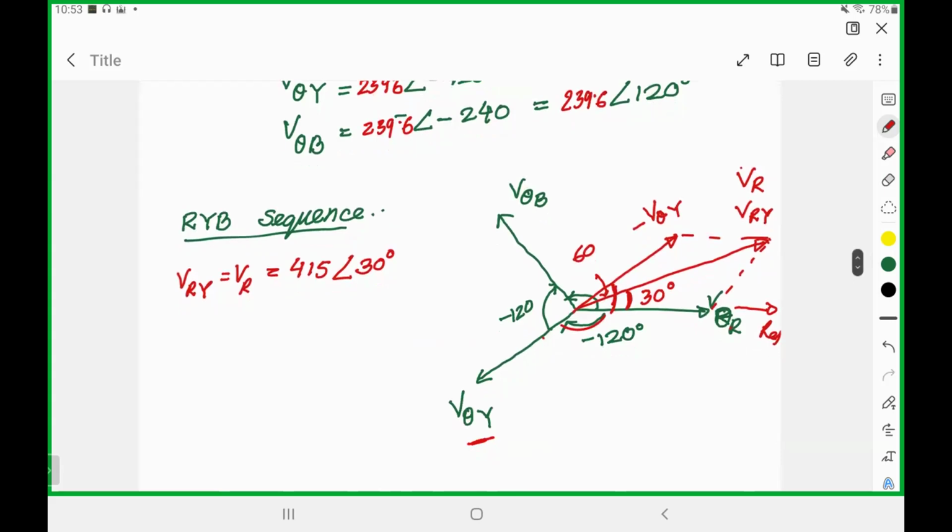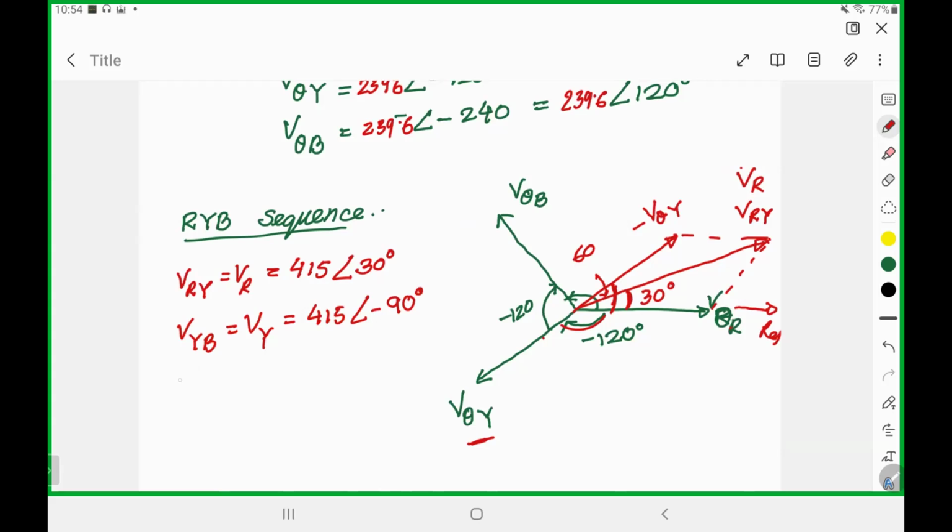So we know this one is 90 degrees. Then we can identify the other values. So VY would be equal to, again, 415, the same. Now it should be shifted by 30 degrees. That means this one will be minus 90 degrees instead of minus 120 degrees; that will also be shifted by another 30 degrees.